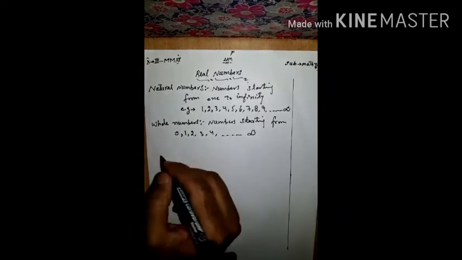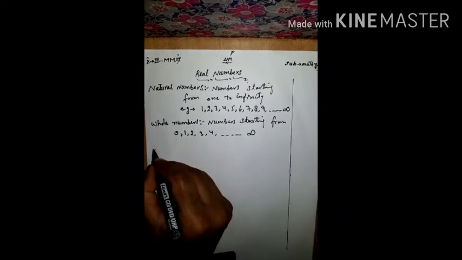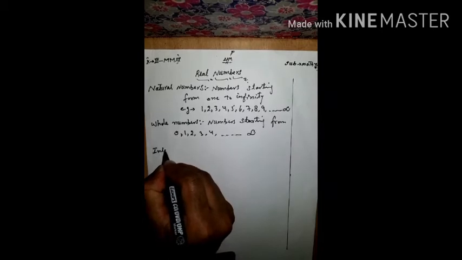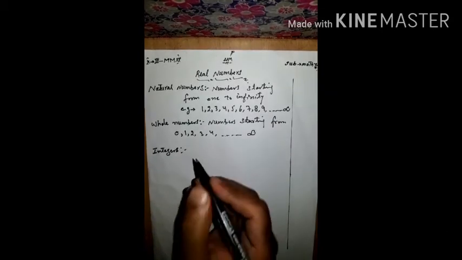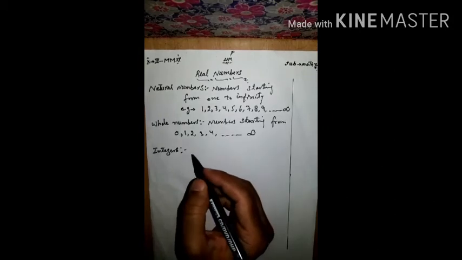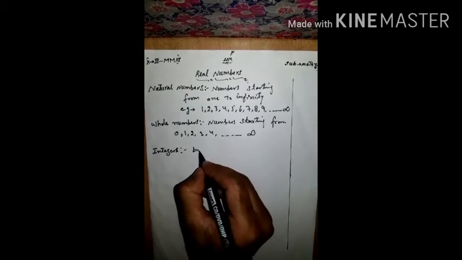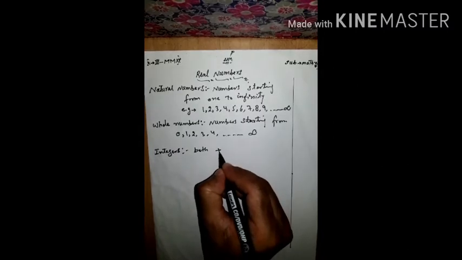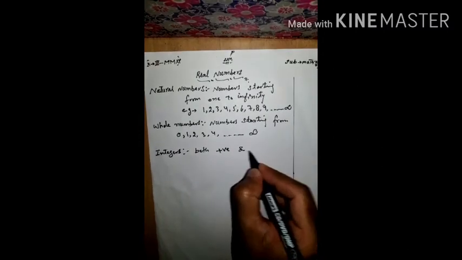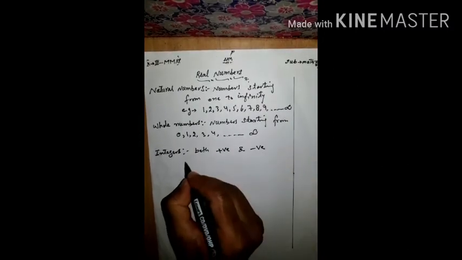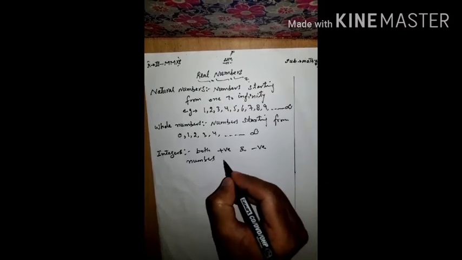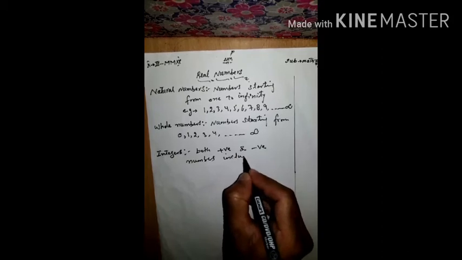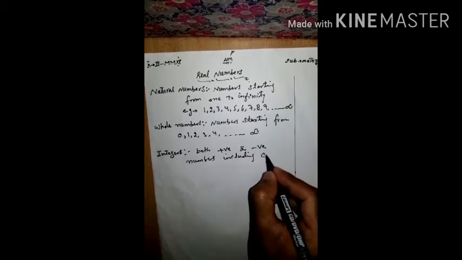Next definition is integers. Integers are both positive and negative numbers, including 0.